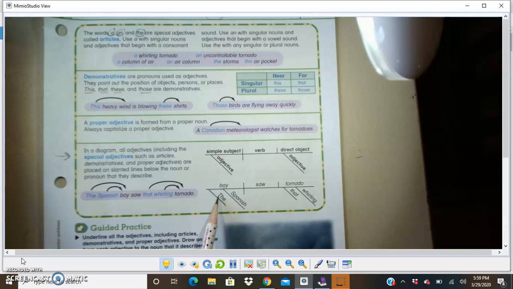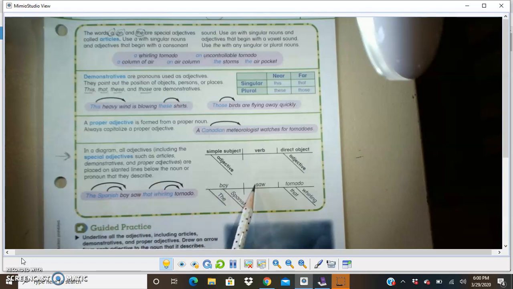And yes, if it's capitalized in the sentence, we're going to capitalize it in the diagram. So capitalize the word the and put it on a slant below the simple subject. Spanish is what we were talking about just a second ago, a proper adjective. It actually points to the simple subject boy also. So Spanish stays capitalized, it's a proper adjective, and it goes at a slant below the simple subject.